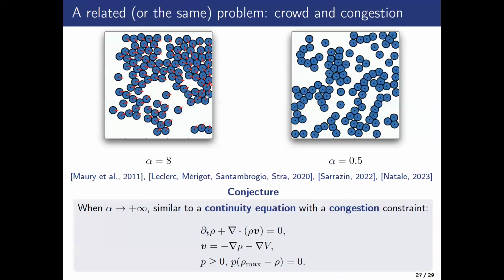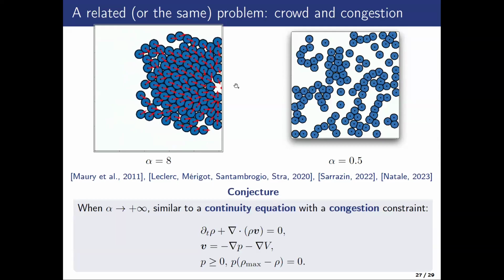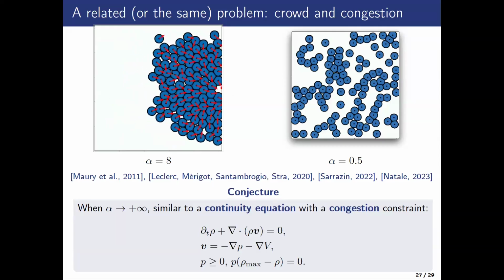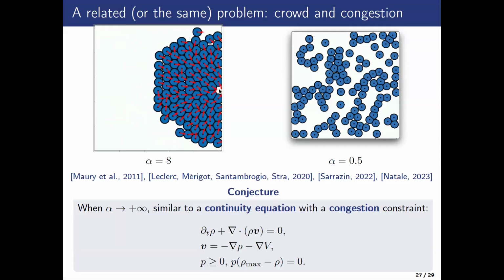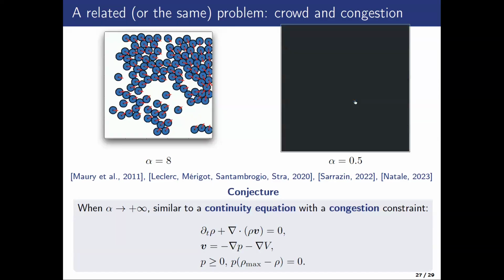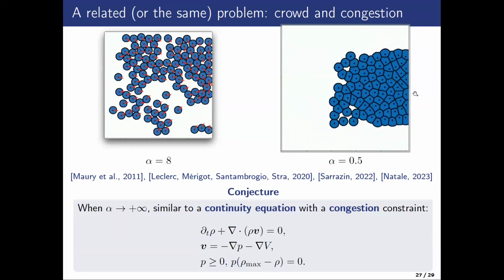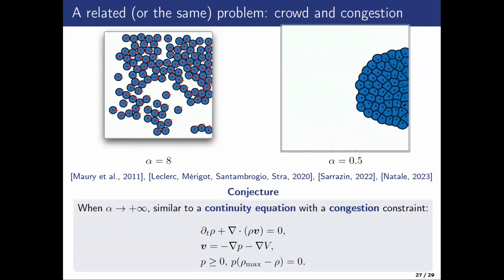But then I did another simulation which is almost the same, but it was kind of a simulation of the evacuation of a room. So there are all these people, they try to reach that point. And if alpha is 8, so they are very hard, then they are a bit blocked, right? And if alpha is small, they behave more like a fluid, so everyone can escape because they squeeze.